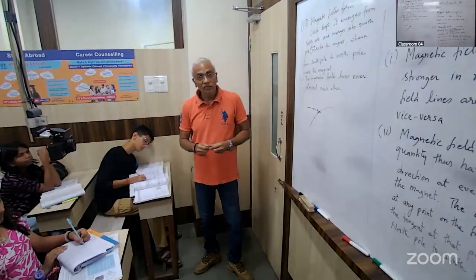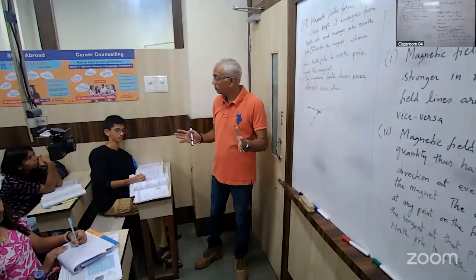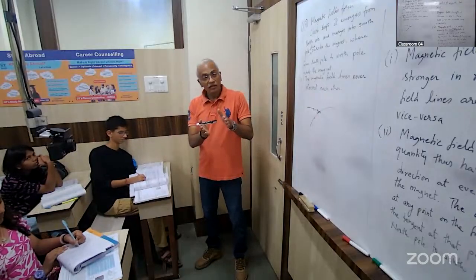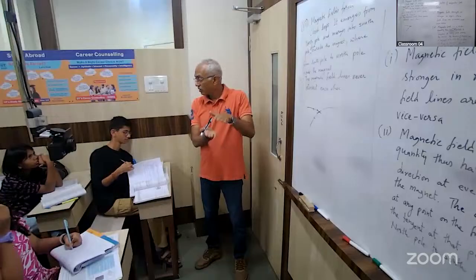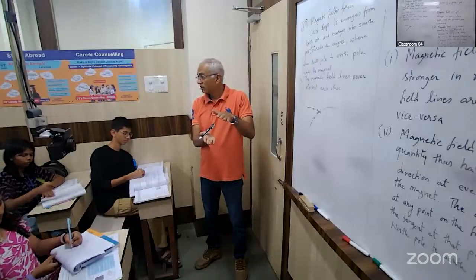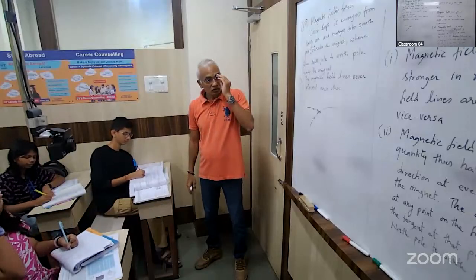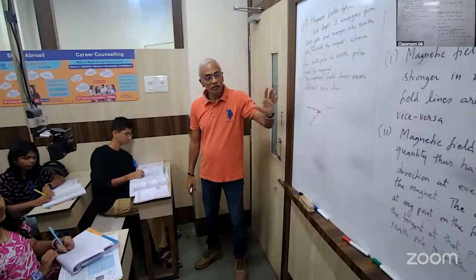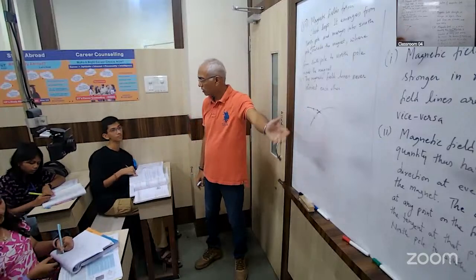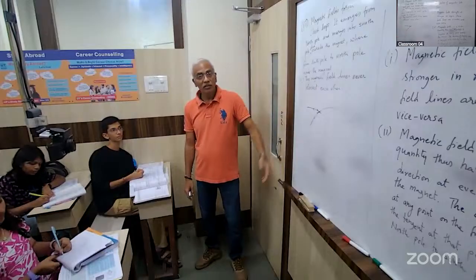So outside the magnet the field is non-uniform. Inside the magnet, it is uniform, parallel, equally spaced. Is that clear? So now with this in mind, you will be able to answer most of the queries. Mostly this is the play, right?